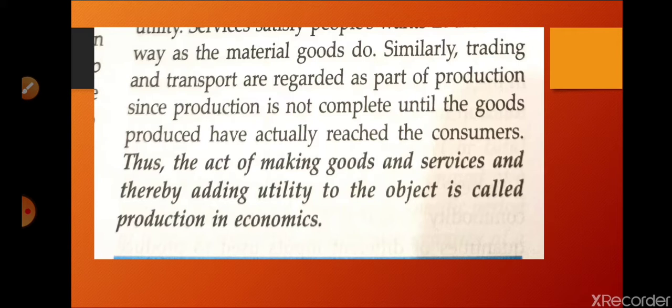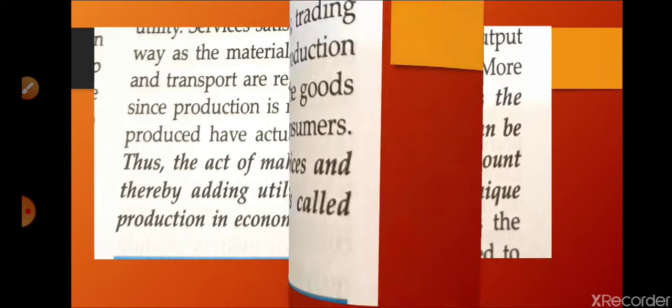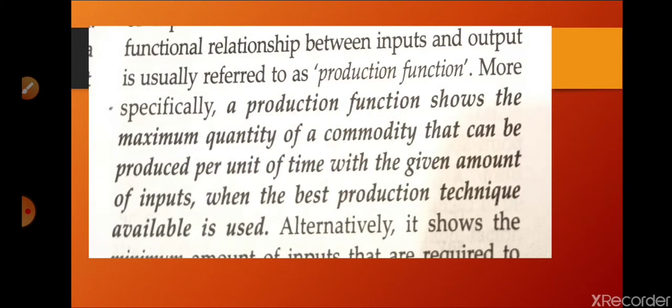Okay, so now we can discuss what a production function is. Production function shows the maximum quantity of a commodity that can be produced per unit of time with the given amount of inputs when the best production technique available is used.